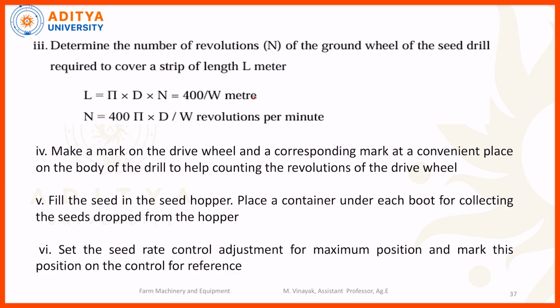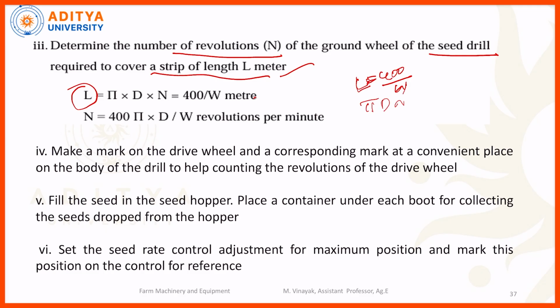To cover the one length of strip land, how many revolutions are required, we need to calculate. To determine the number of revolutions of the ground wheel of the seed drill required to cover a strip of length L meters, the actual formula is L equal to 400 divided by W. Here L is nothing but pi d n.